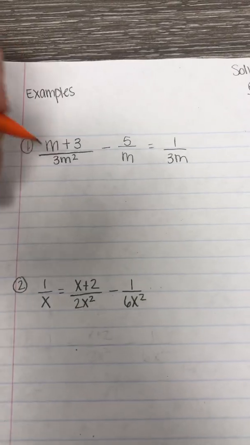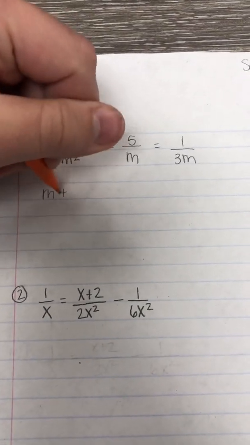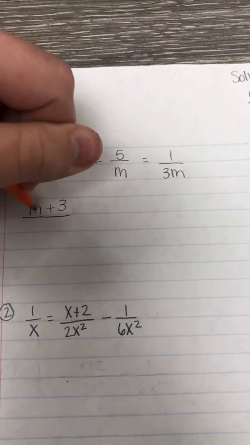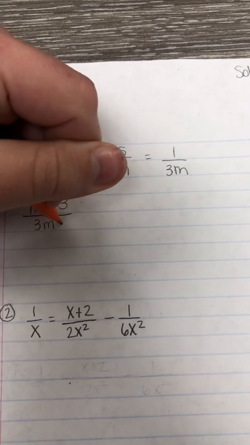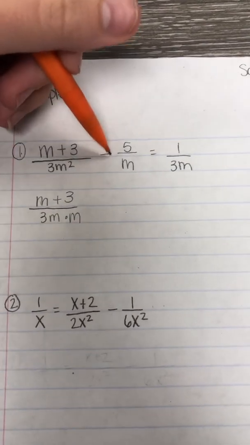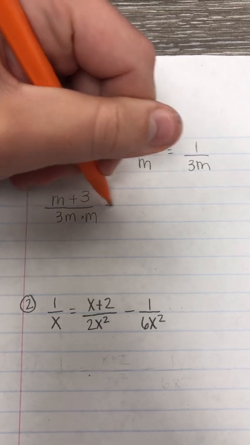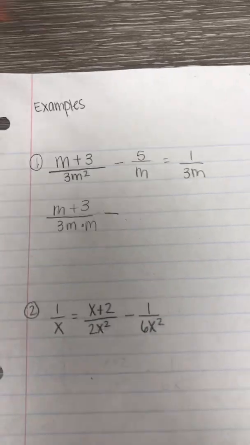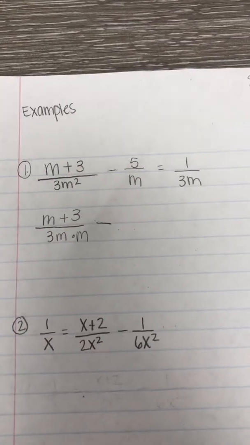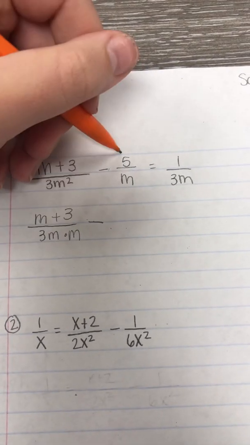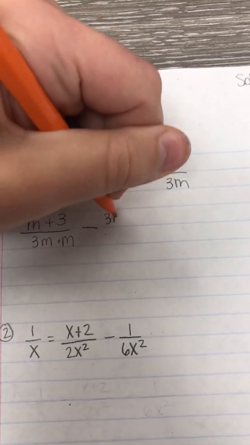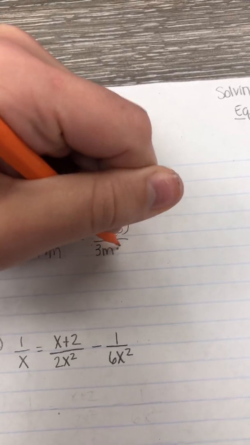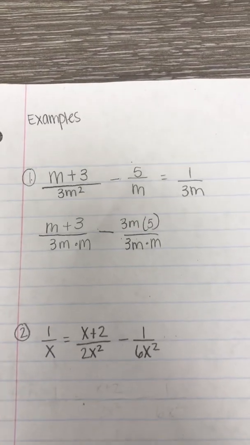So looking at this one, we have m plus 3 over, and I would put it as 3m times m, and that's going to make it easier to convert this one, because I would have to multiply this by 3m, and whatever we do to the bottom, we have to do to the top. So we would end up doing 3m times 5 over 3m times m. That gives me the same denominator, which is where I can combine them.